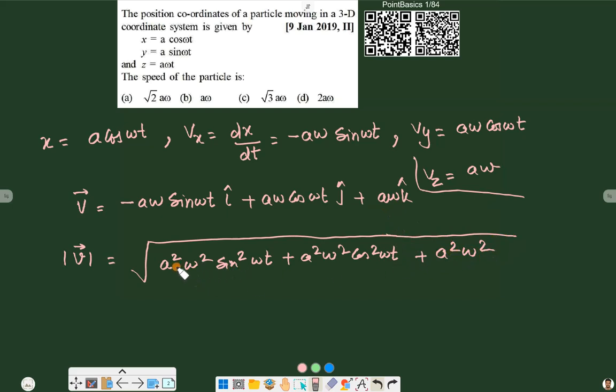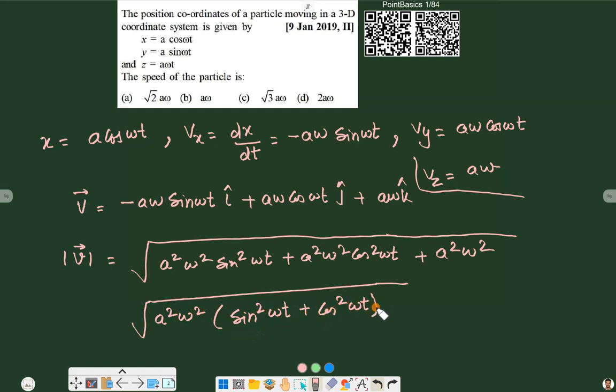Now we can take a square omega square common from sine square omega t and cos square omega t. So we will be left with a square omega square times sine square omega t plus cos square omega t, plus a square omega square. Now this term will reduce to 1 as per the identity.